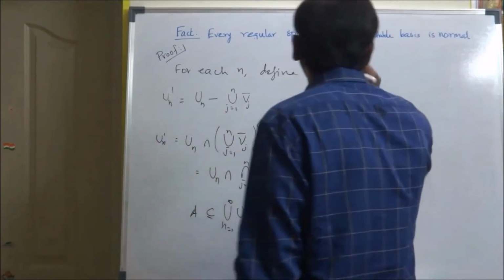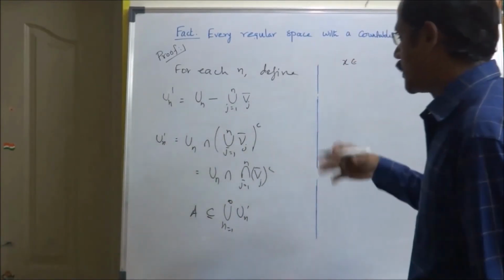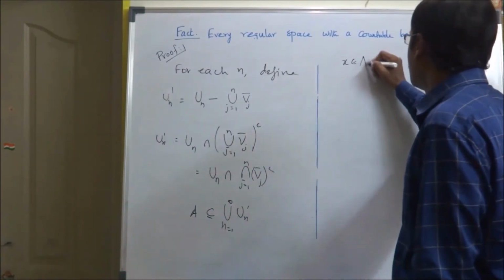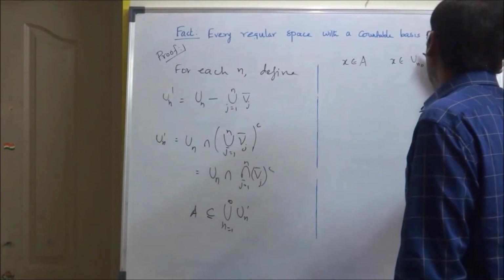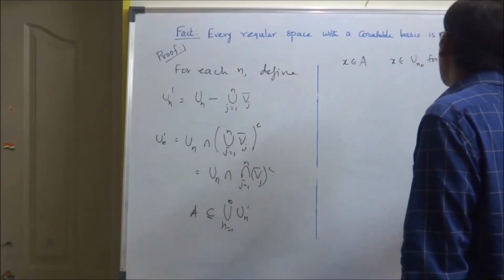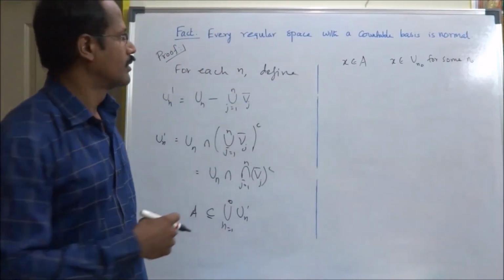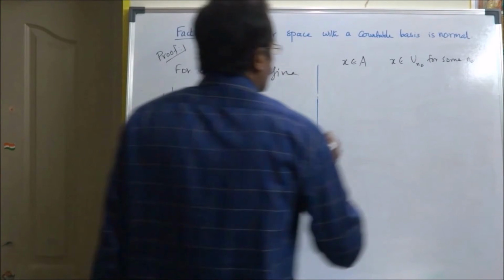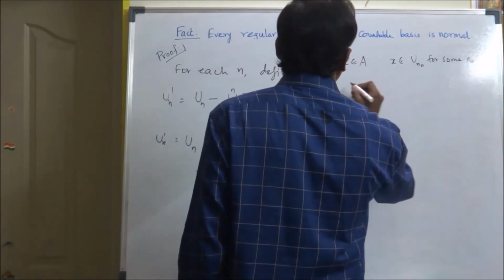Recall how we obtained all these Un's: x in A belongs to Un naught for some n naught, because this Un collection is actually a cover for A. So x belongs to Un naught.